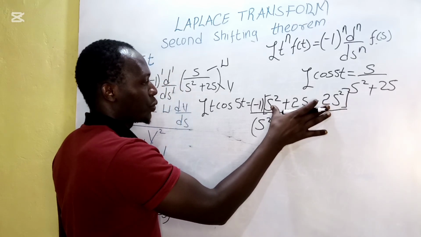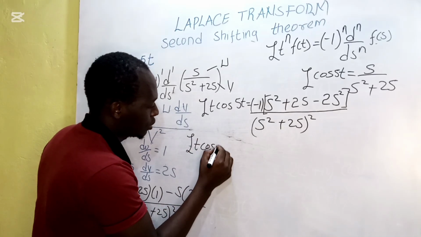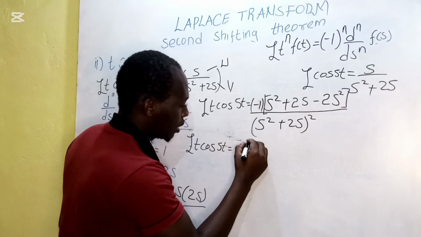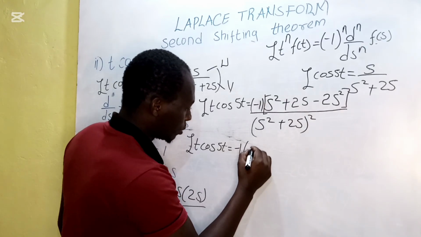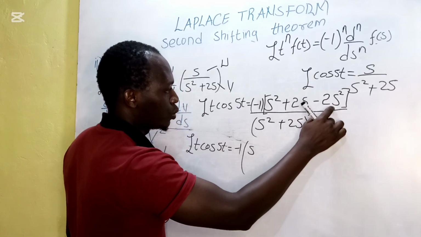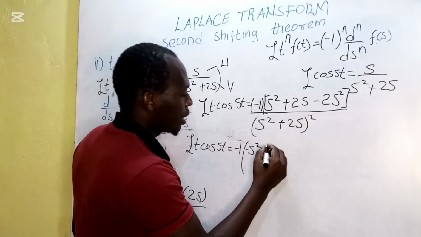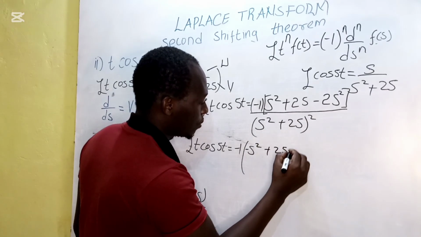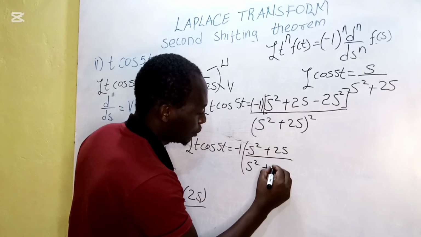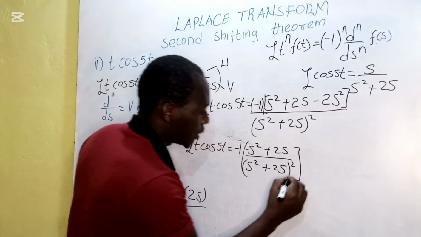Let us simplify what we have within this bracket. Now the Laplace transform of t cos 5t is equal to negative 1 into s squared, here we have a negative of 2s squared, and a negative of s squared, plus 25, all over s squared plus 25, but our denominator will be squared.